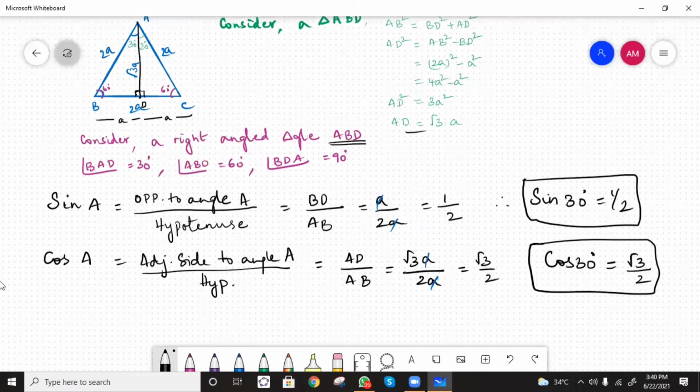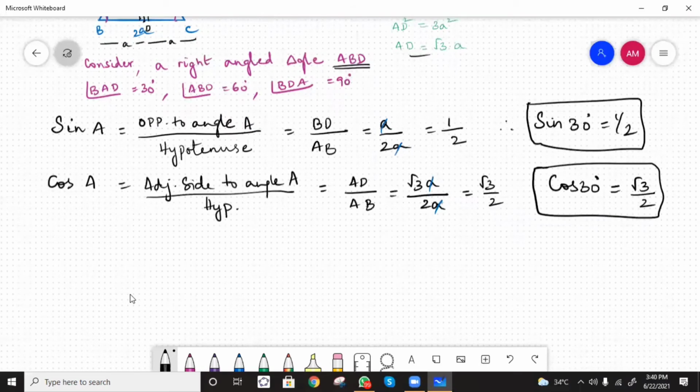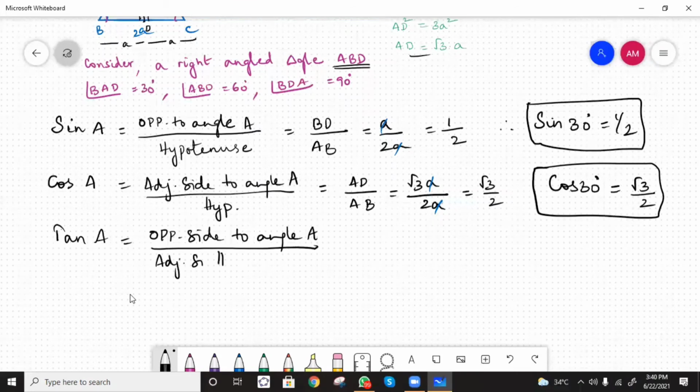Next, what we have to find? We have to find tan A. So what's the formula for tan A? Opposite side to angle A divided by adjacent side to angle A. What is the opposite side?